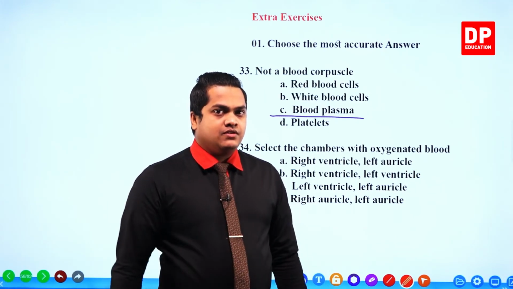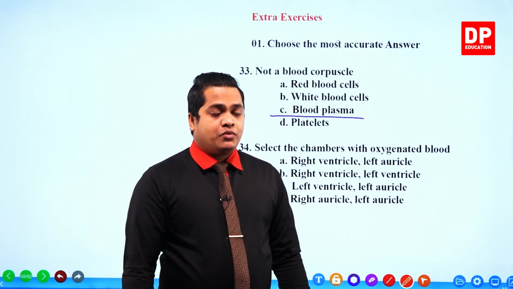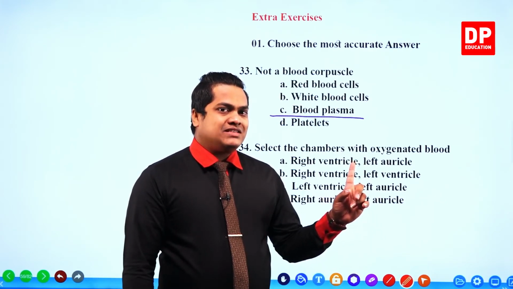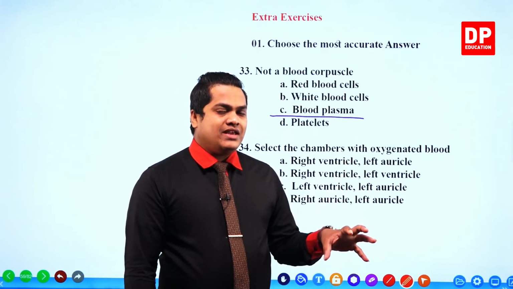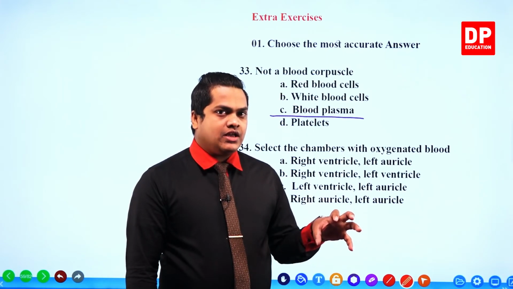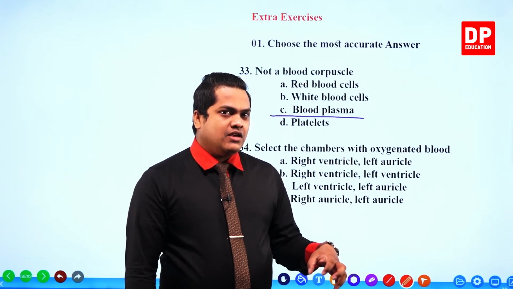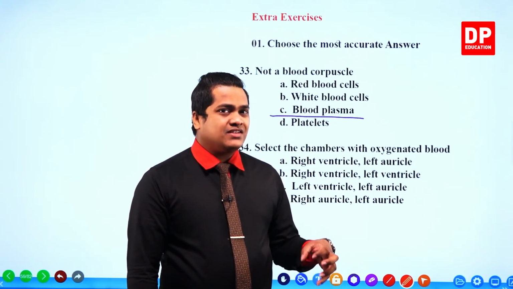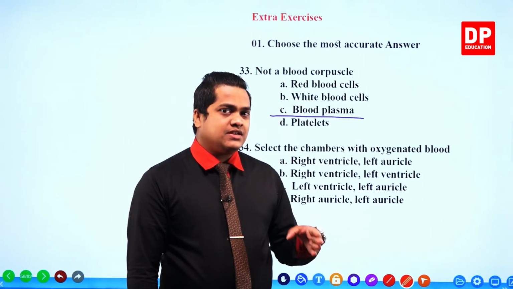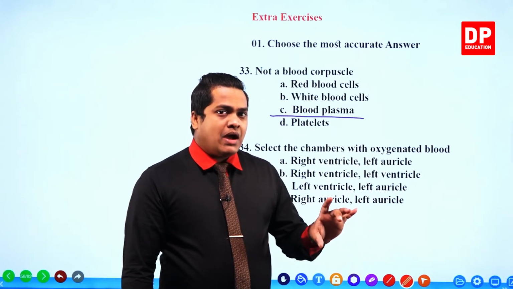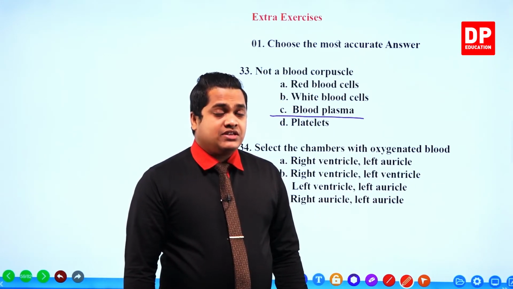Blood received from the body organs is stored in the right auricle, which is deoxygenated, transferred into the right ventricle, still deoxygenated, and transported to the lungs via the pulmonary artery, still deoxygenated.